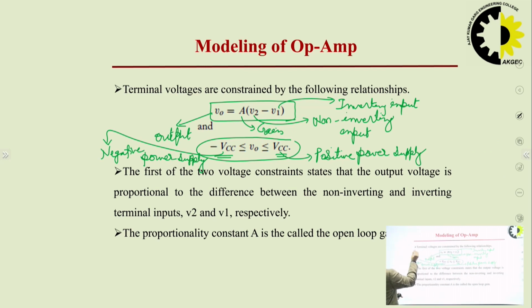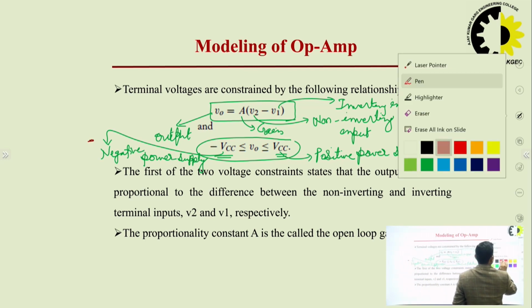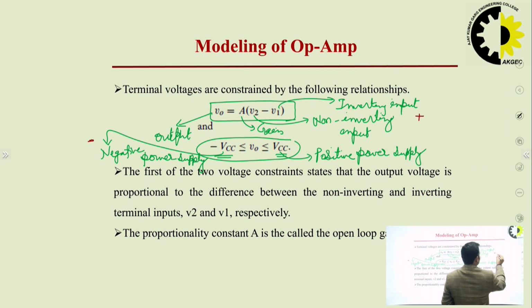For example, let us consider plus VCC is equal to plus 15 volt and minus VCC is equal to minus 15 volt.